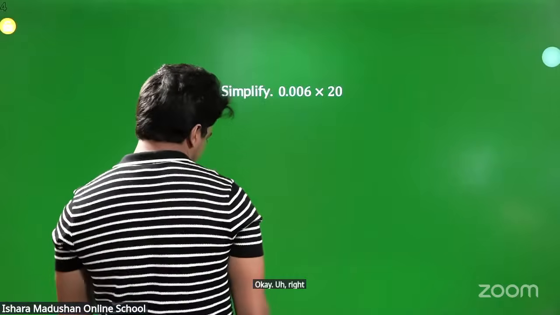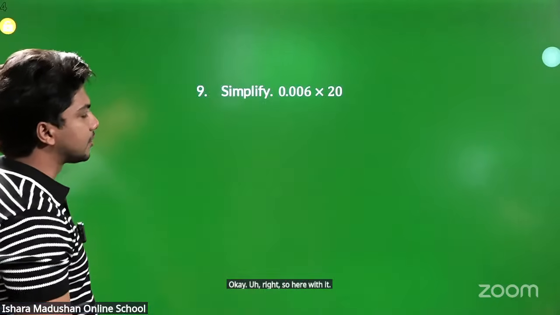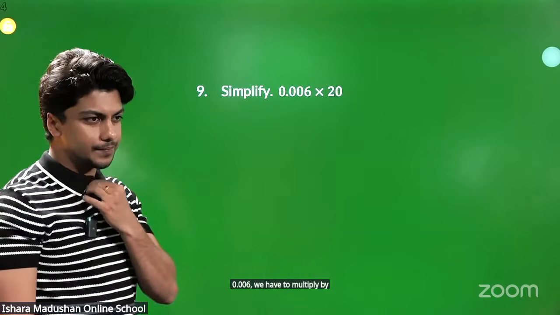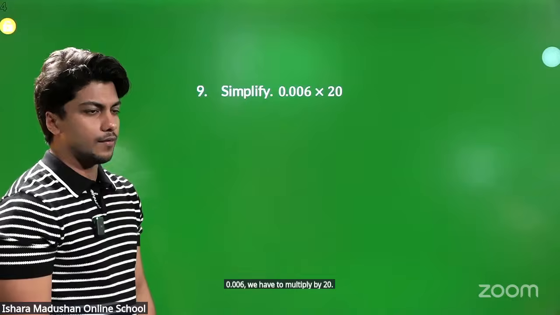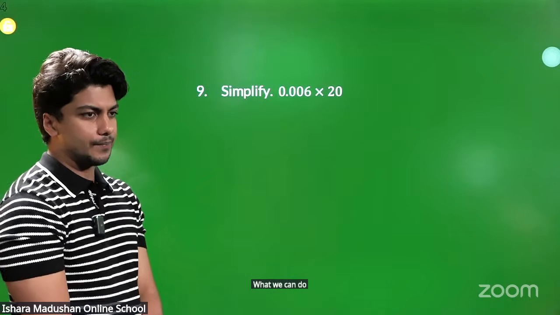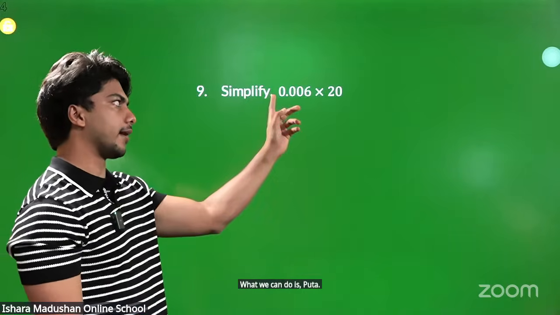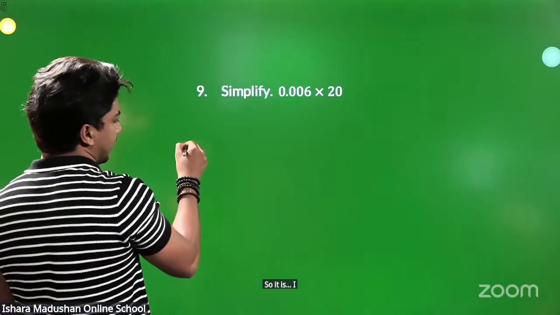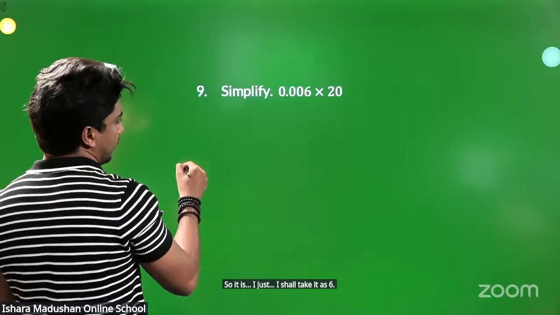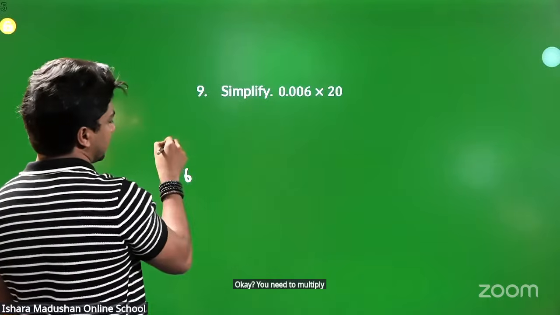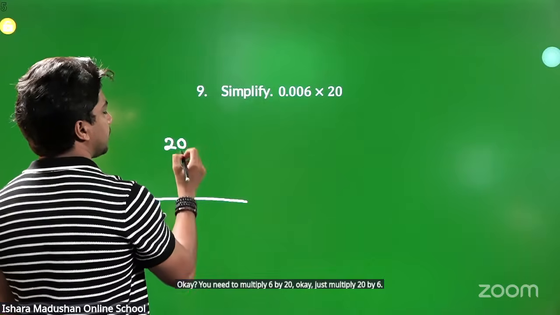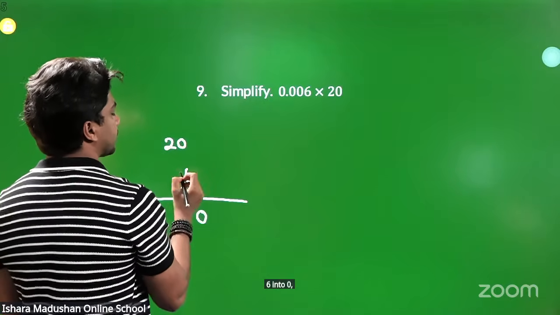Right. So here, Puta, 0.006 we have to multiply by 20. What we can do is, Puta, just forget the decimal point. So I shall take it as 6. You need to multiply 6 by 20. Okay, just multiply 20 by 6. 6 into 0, 0. 6 into 2, 12.